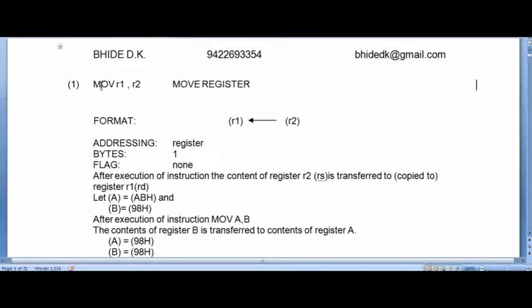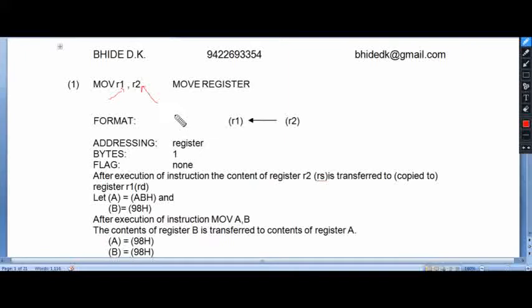The first instruction is called MOV R1, R2. It is written as MOV R1, R2, and it is read as transfer the data from register R2 to register R1.